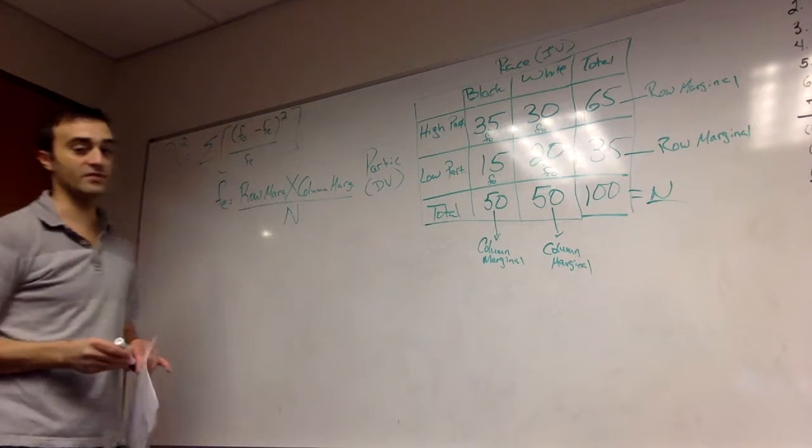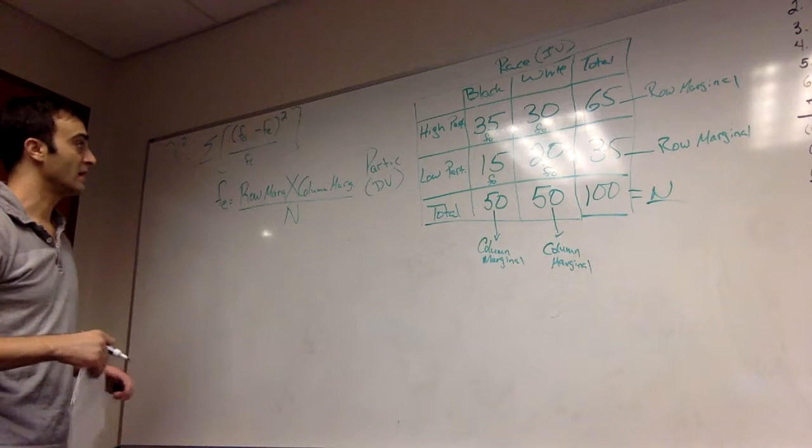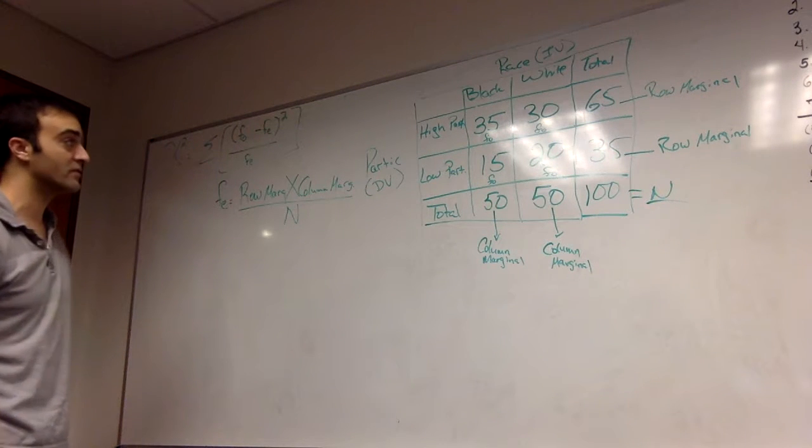What should we see if there's no relationship between race and participation? We observe 35.